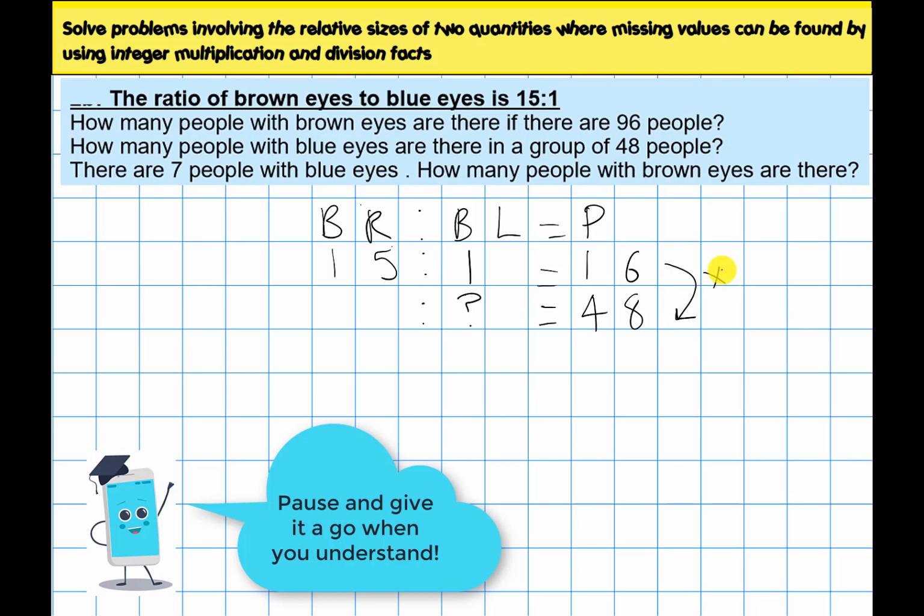What am I scaling up by? I'm scaling up by 3, which means I apply it to all the other parts. 15 times 3 is 45, and 1 times 3 is 3. 45 and 3 make 48, so that's correct. How many people with blue eyes? So it's this bit. It's 3.